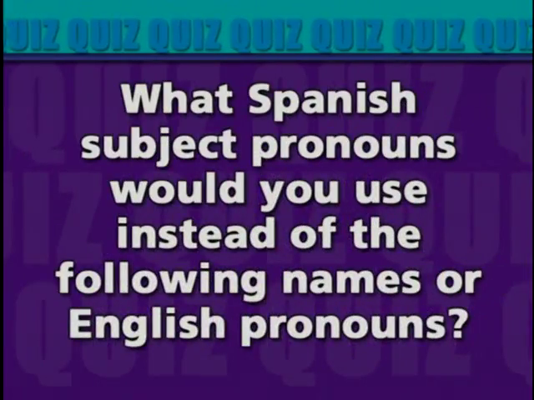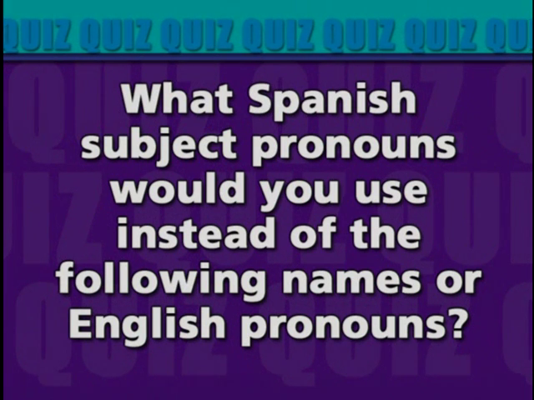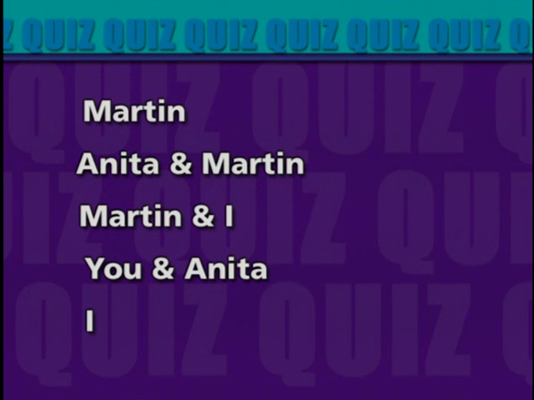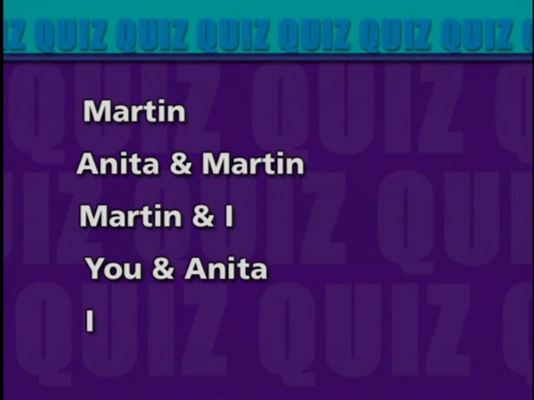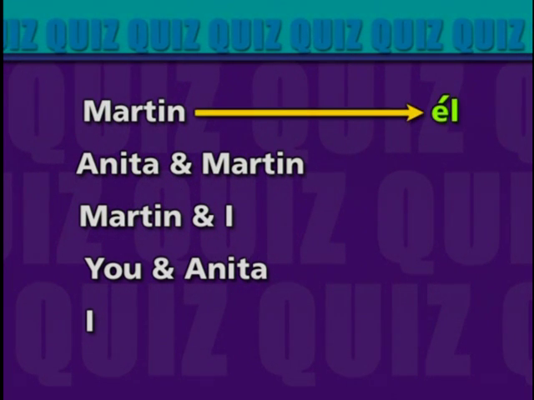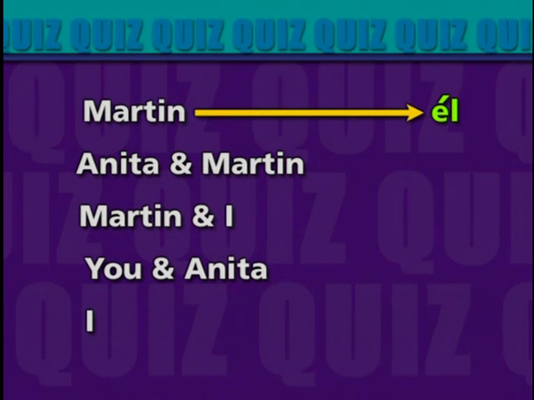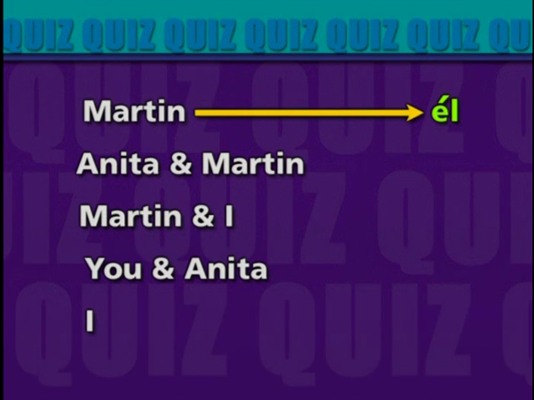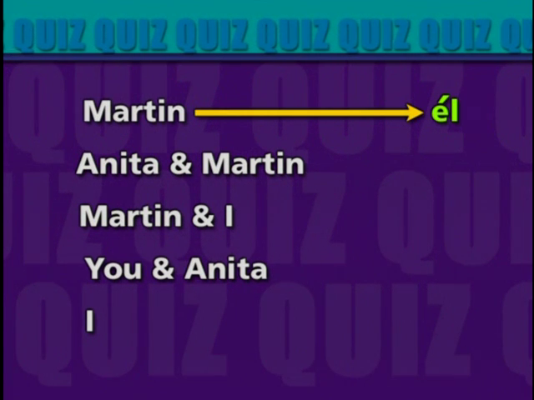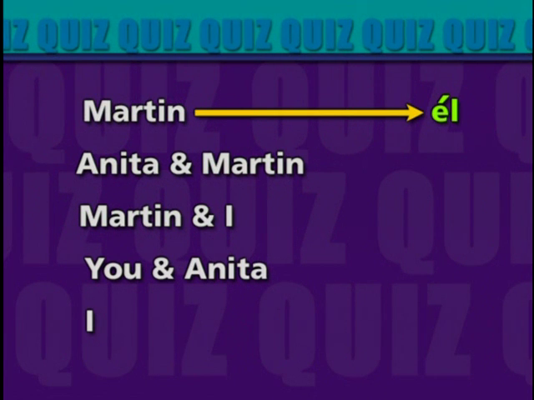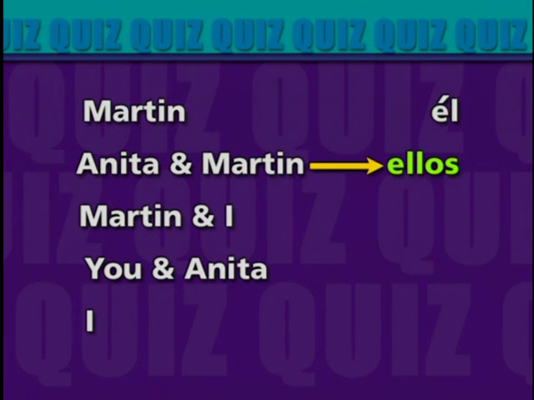What Spanish subject pronouns would you use instead of the following names or English pronouns? Martin. I. Anita and Martin. Ellos.